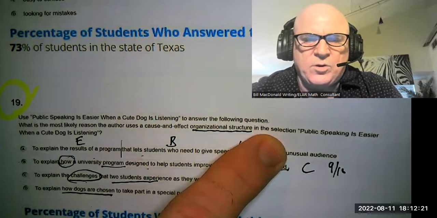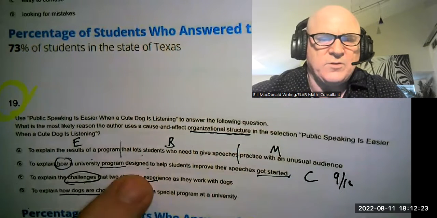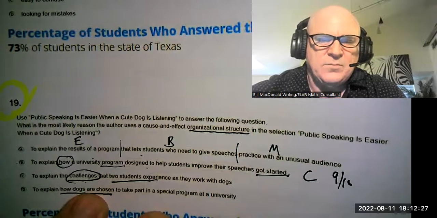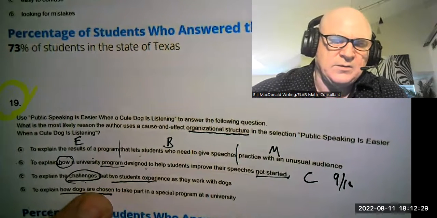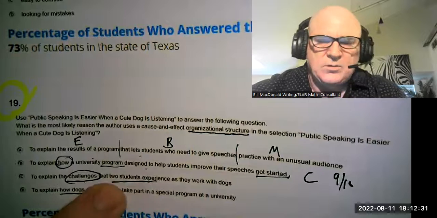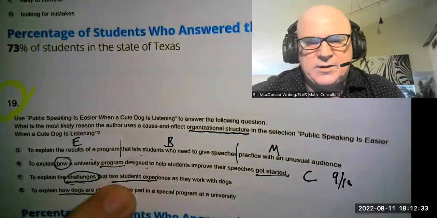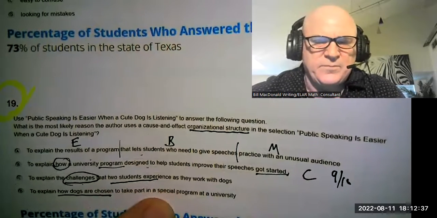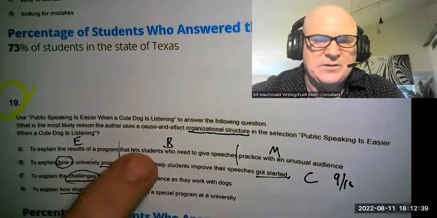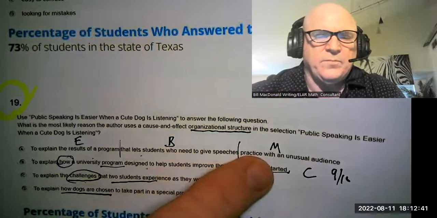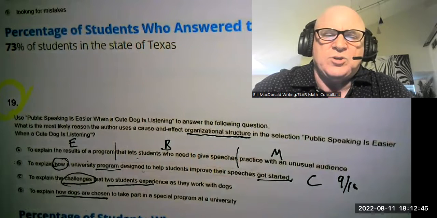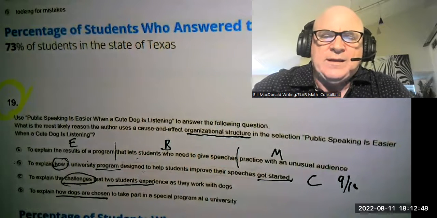So that means the whole thing has to be broken down. And so the only one that has a cause and effect, because the dogs are chosen, well, what caused them to be chosen? What was the effect? That part's missing. And so the only thing that has a cause and effect relationship of the beginning, the middle, and the end of the passage would be letter A. And so that's what I would recommend.